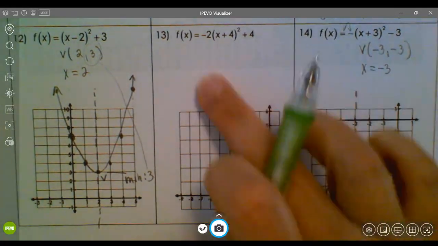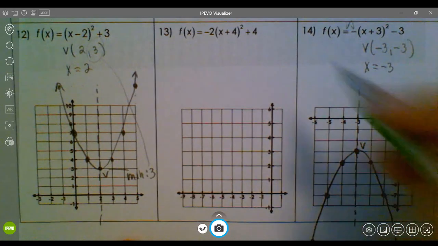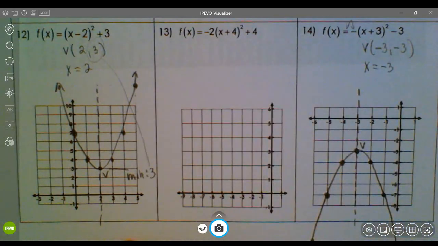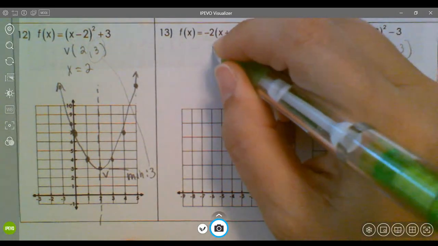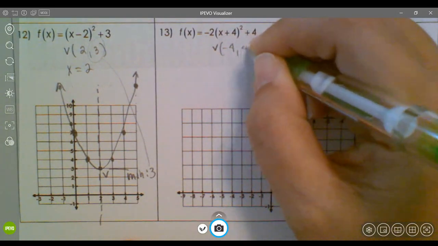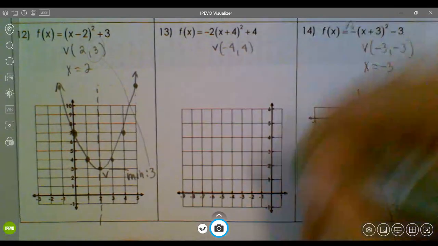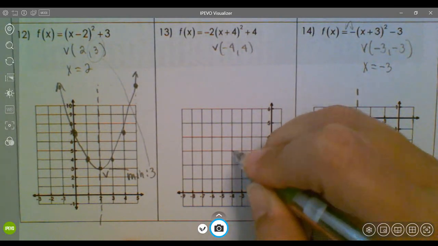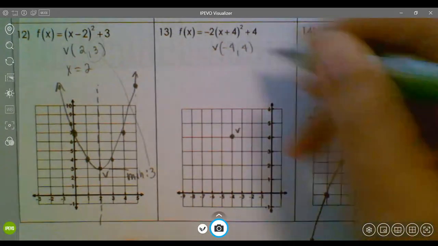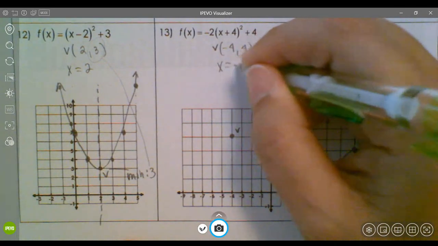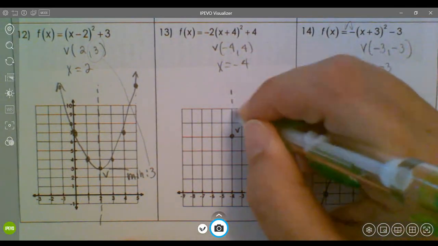You know what? Let's go ahead and knock out number 13. There is a negative there, but it has a scale factor of 2. I think you're going to like this. My vertex is -4, 4. Opposite, copy. So -4, 1, 2, 3, 4. There's my vertex. My axis of symmetry is x equals -4.